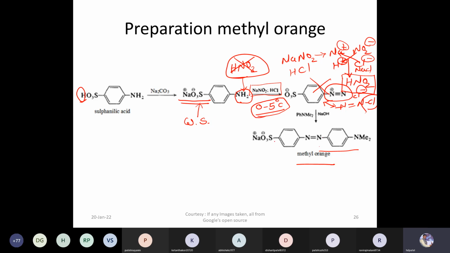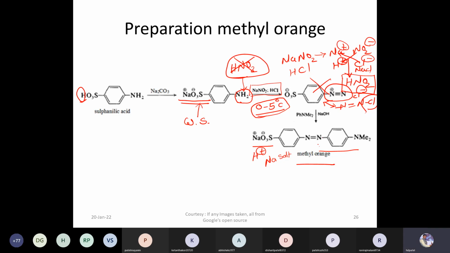After completion of the reaction, we can neutralize it. When we neutralize it, the sodium salt will convert into acidic SO3H. If we do not neutralize, then also we can use the sodium salt of methyl orange. Both ways we can use it.